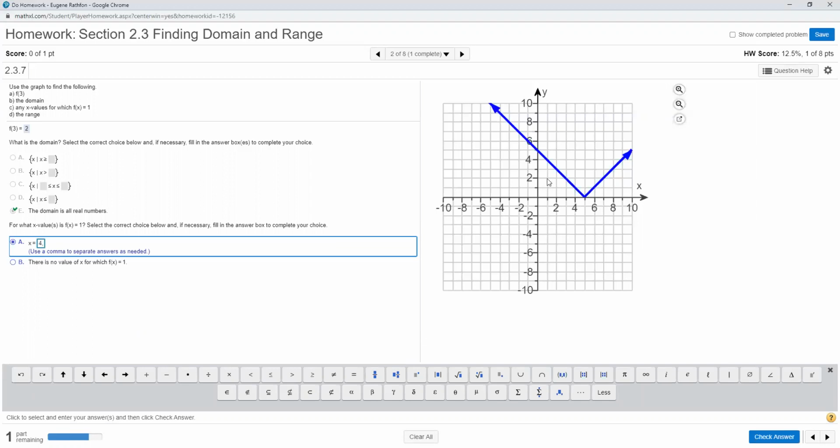And then the y value of 1, so right here, that would be at an x value of 6. So you just got to find 1 on the y-axis and see where that crosses for those x's, okay?